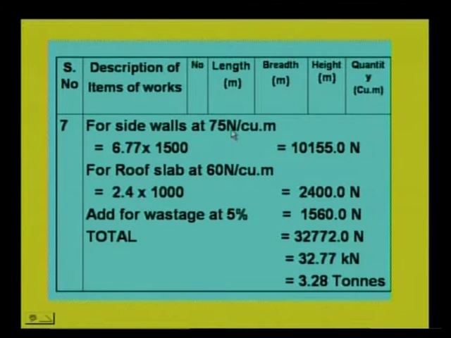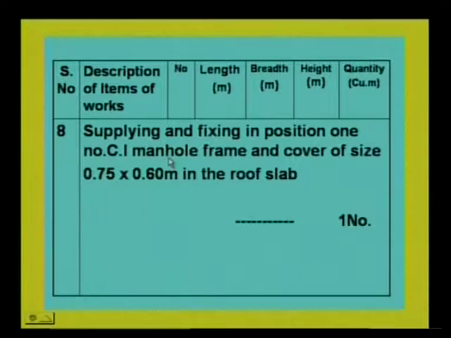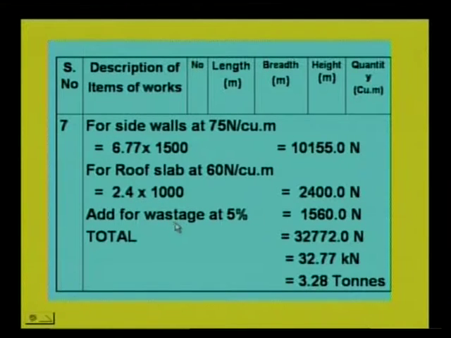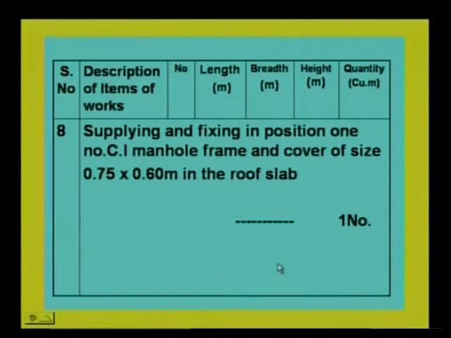Then for side walls it is taken as 75 Newton per cubic meter, 6.77 into 1500. So it is 10,155 newtons. Similarly, the total quantity is 3.28 tons.